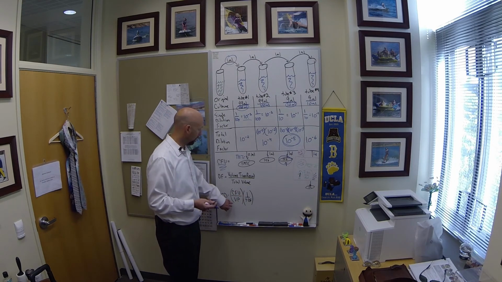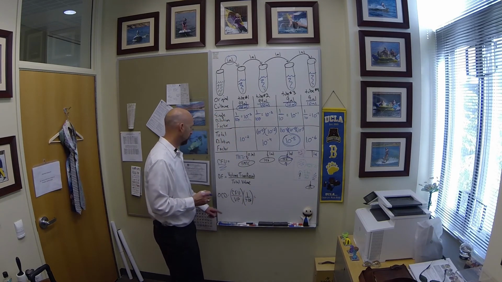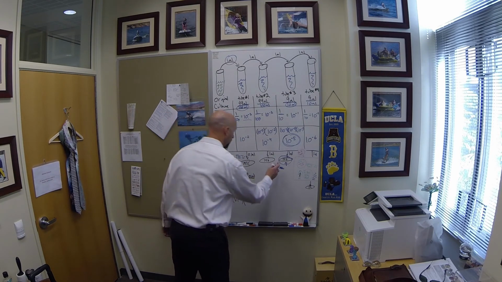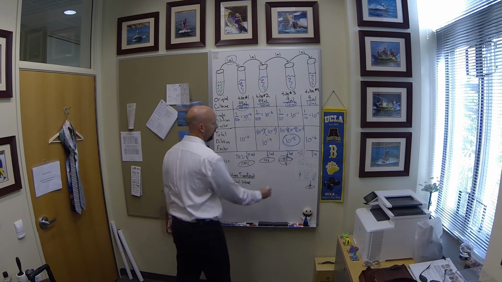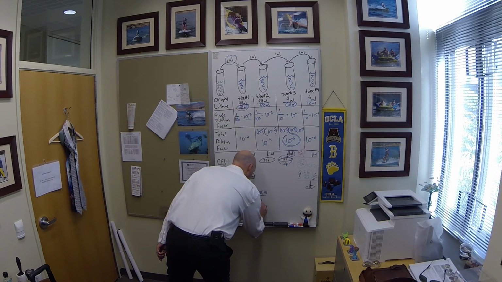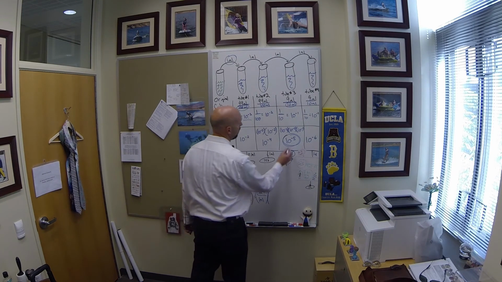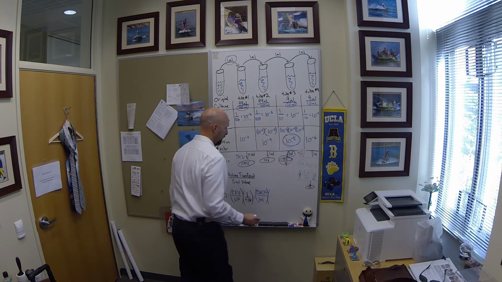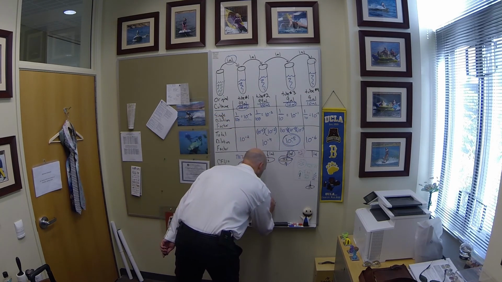So now, as long as you know that formula, all we have to do is plug in the numbers. So CFUs, 132. Volume plated, 1 mil. And the reciprocal of the total dilution factor for that tube, 1 over 10 to the negative 5th, is just 10 to the 5th.